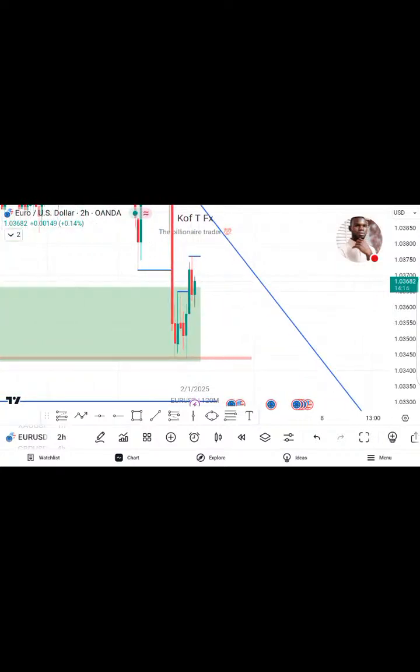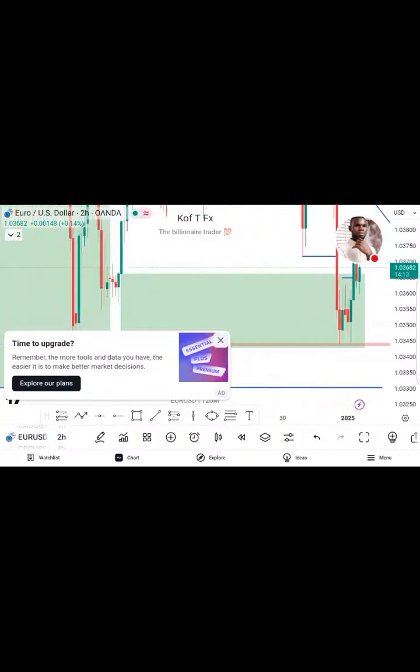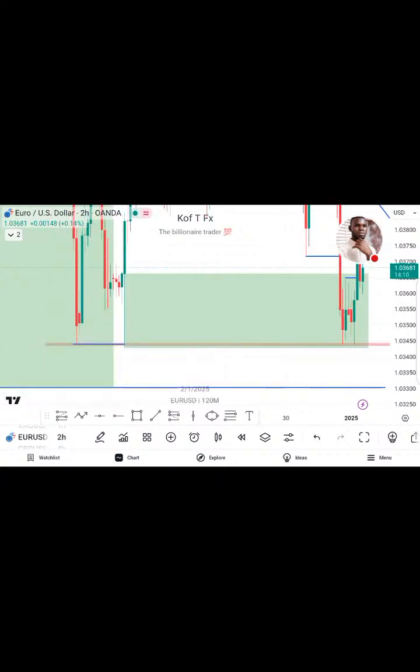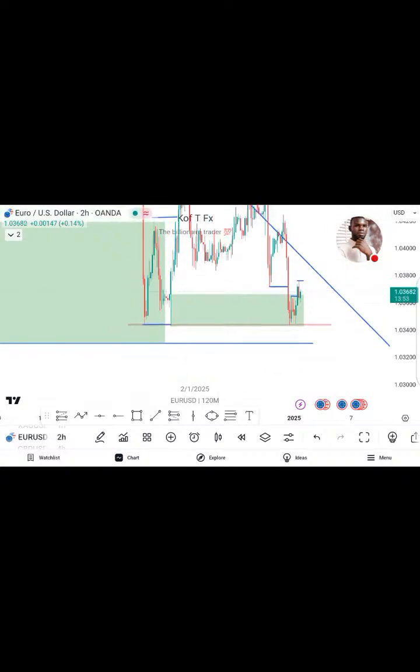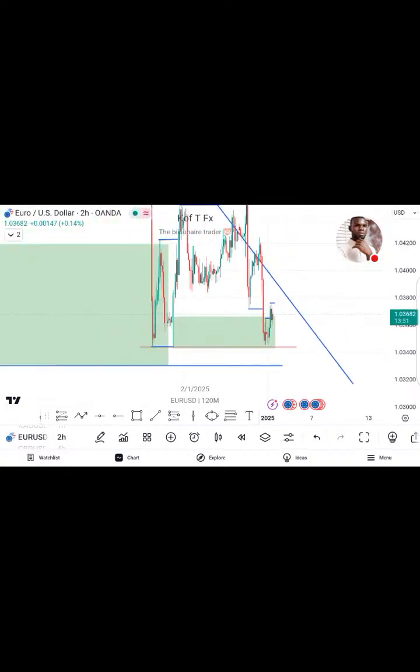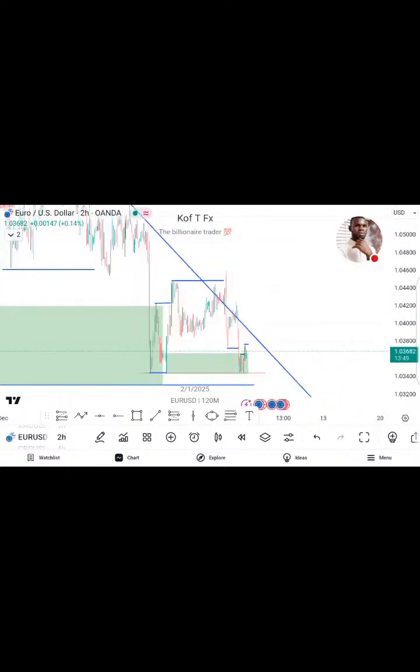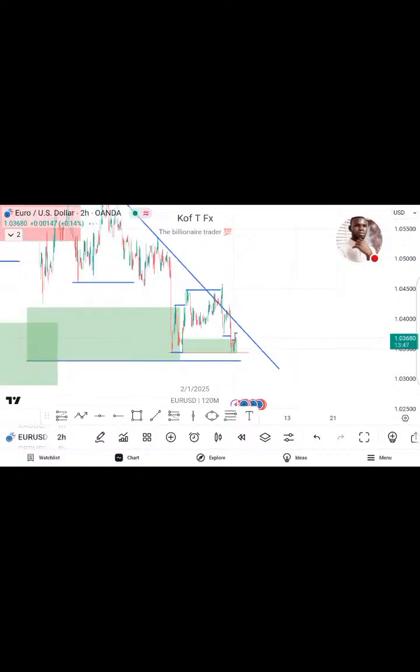So even on 4 hours time frame, besides the fact that we have on daily time frame this double bottom, even on 2 hours, 4 hours, we have a clear support level. You can see first touch, second touch, third touch, fourth touch. So that's a strong support level on lower time frame. So I'm expecting more rally.